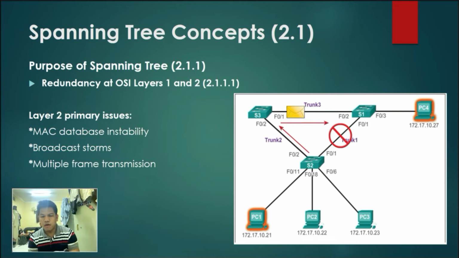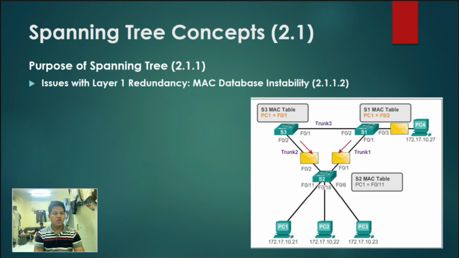For the redundancy to work in a systematic way, the use of OSI Layer 2 protocols such as STP is also required. These are the primary issues for Layer 2: MAC database instability, broadcast storm, and multiple frame transmission.